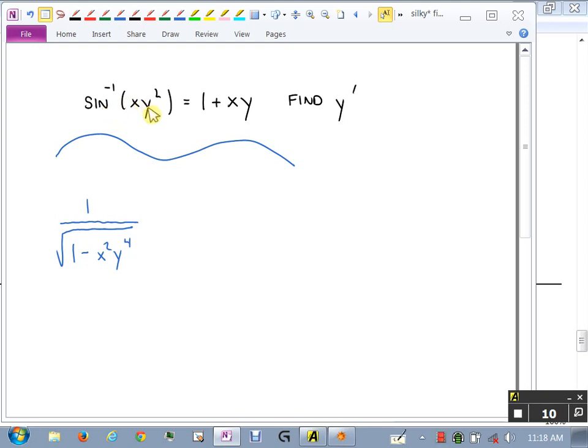I need to go inside and take the derivative of x times y squared, which is a product rule, right? So I'm going to attach to the end of this times the product rule, which produces the derivative of f times g is f prime g plus g prime f, or something like that. So what is the derivative of my first function? I'll call it f, and then here's g. What's the derivative of the f function here? 1 times g, so this is just going to give us y squared.